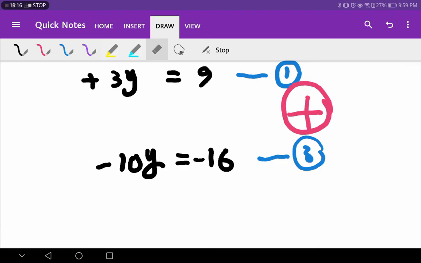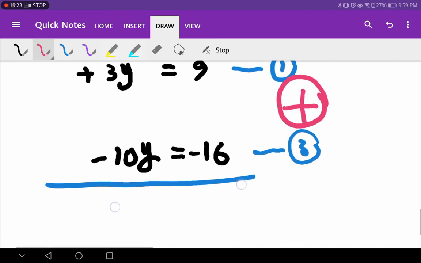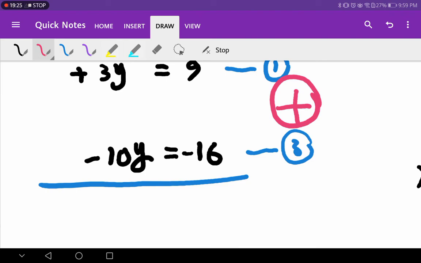Okay, now I will add this gently. 3 and negative 10, equal negative 7y. Correct me if I make any mistake. Equal, I have 9, minus 16, that means it is negative 7.